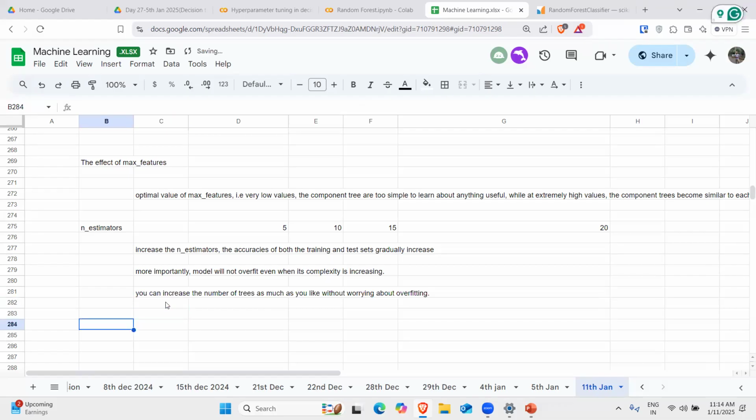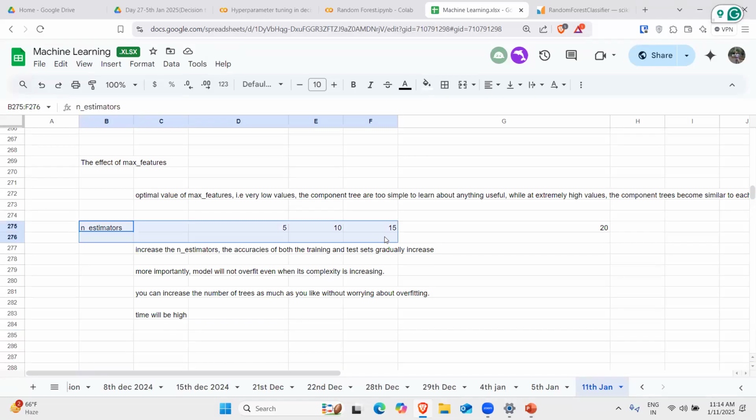And also you saw, since there were a lot of models to fit, the time taken was quite high, right? If you are increasing n_estimators, obviously the time will be high. So if you want to reduce the time taken to build a random forest, you can minimize that, and so it should be optimized.